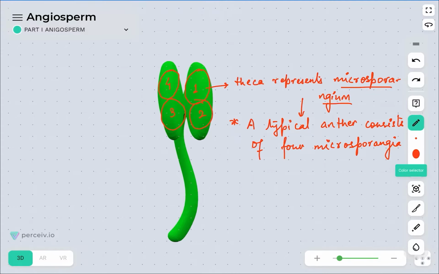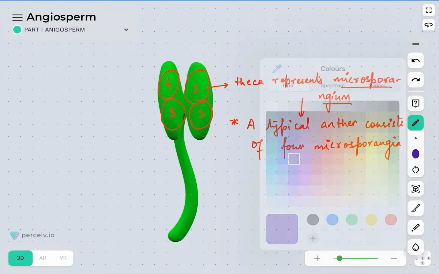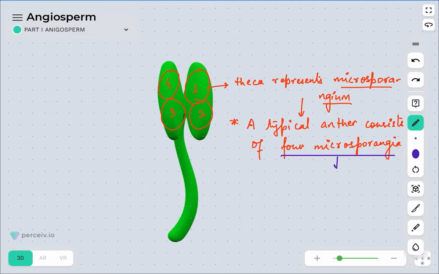This 4 microsporangium condition is referred to as the tetrasporangiate condition. 4 means tetra. This is one of the important features of the anther.